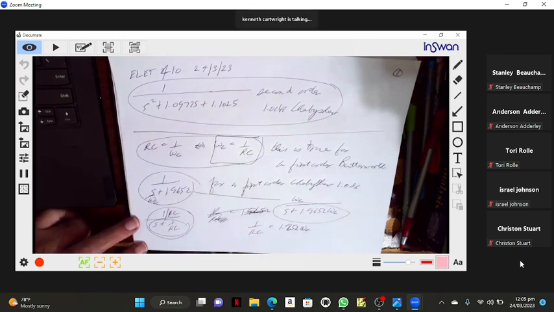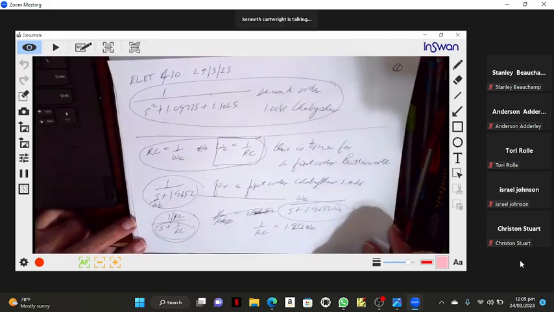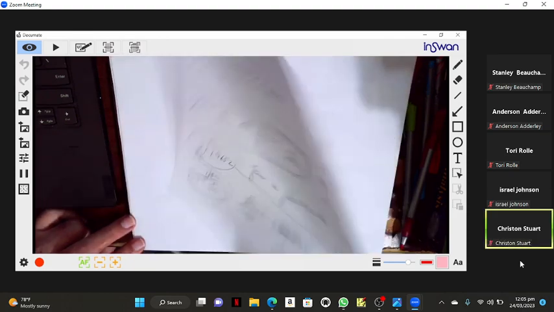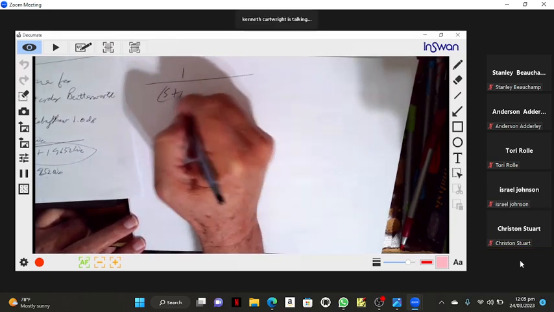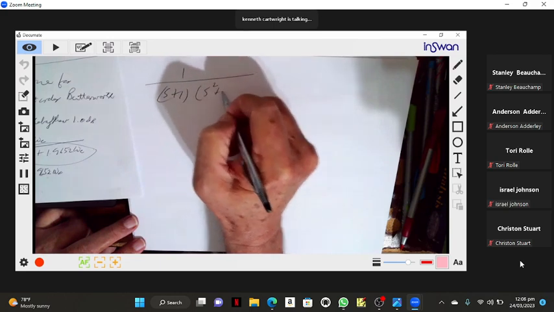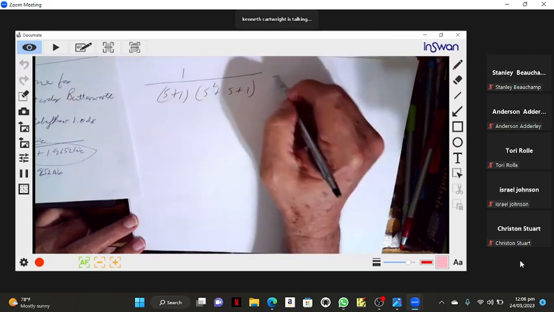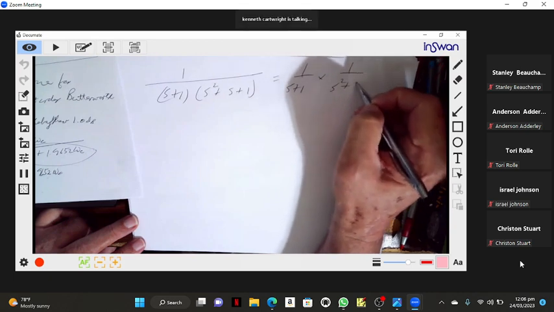It happens to be true in this case for the third order Butterworth, because we have this transfer function. Because we have this transfer function, this splits into two. There's the first order part, and there's the second order part.